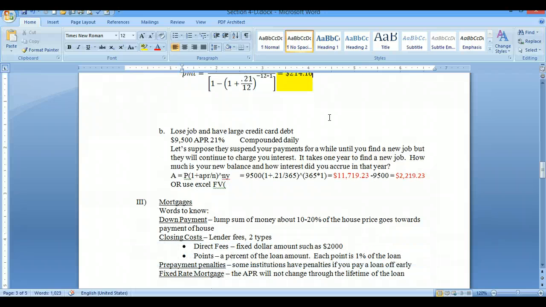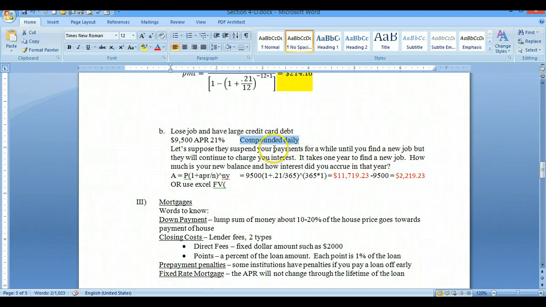All right, let's suppose that you have a credit card debt and you lose your job. So you called the credit card company and they have allowed you to suspend your payments. You have a $9,500 debt with an APR of 21% and it's compounded daily. Ouch.